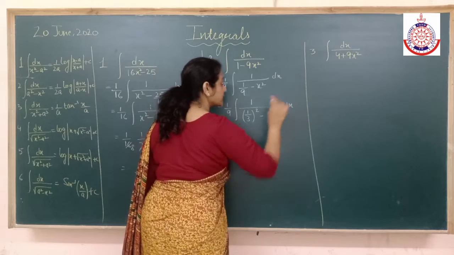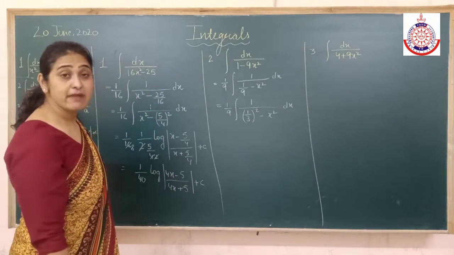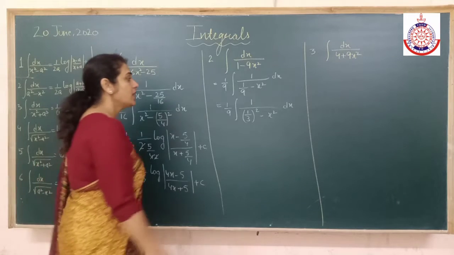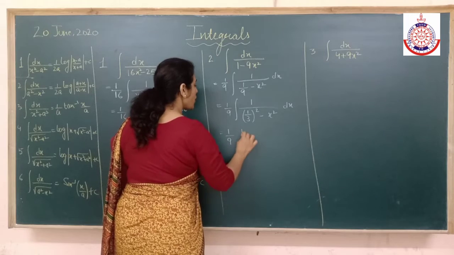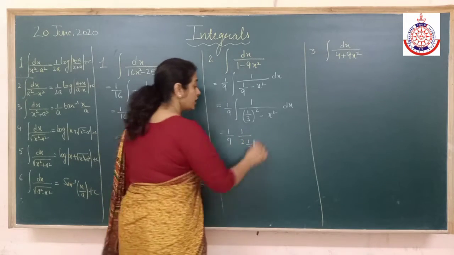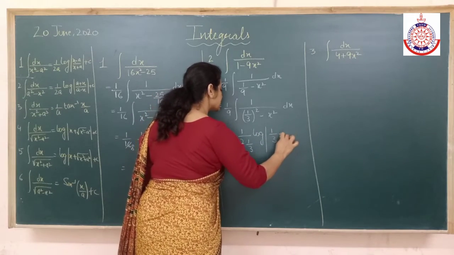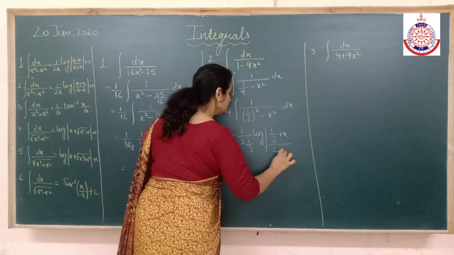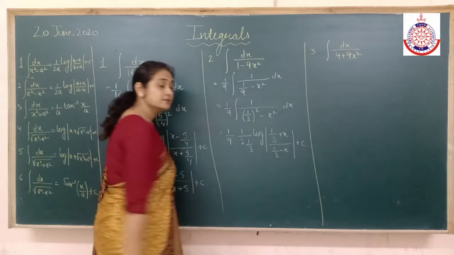Yes, that's right. It has to be correlated with 1 upon a square minus x square, the second formula. What is the integration? 1 by 2a log of a plus x upon a minus x.